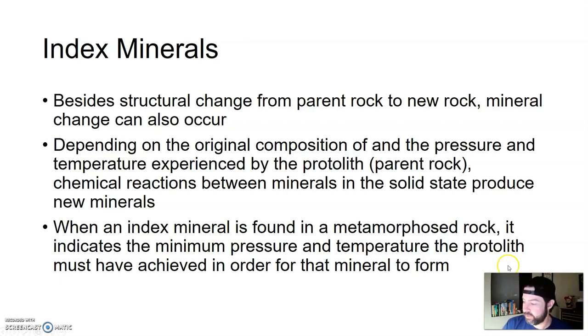When these minerals change, they often change in a metamorphic rock into something called an index mineral. Now, an index mineral is found in a metamorphic rock. It indicates the minimum pressure and temperature the protolith must have achieved in order for that mineral to form.